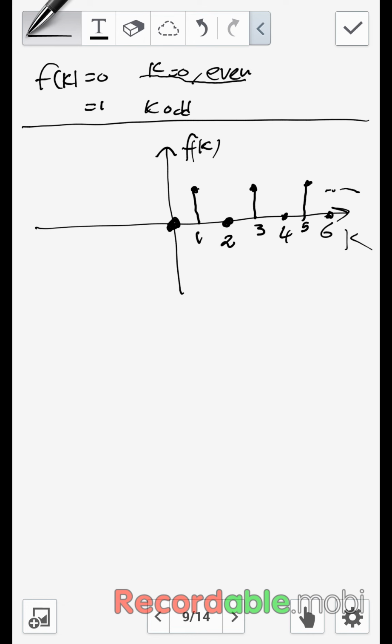And so on. Okay, the equation for the z transform F of z will be equal to the summation from k equal to 0 to infinity of f of k times z to the power of minus k. So F of z, you expand this summation.